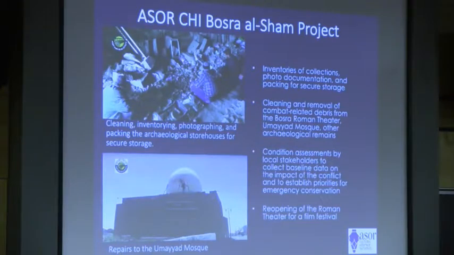A second project was perhaps a little bit more intensive. There in Bosra al-Sham is a World Heritage Site, and a World Heritage Site is one that shows universal importance, so it's important to the world as a whole, and then meets various criteria.